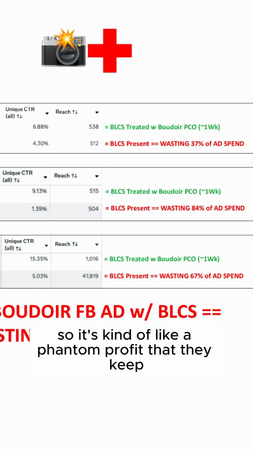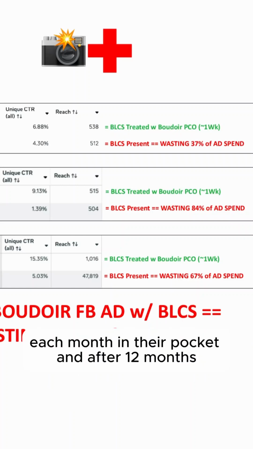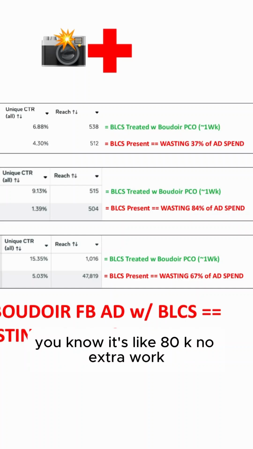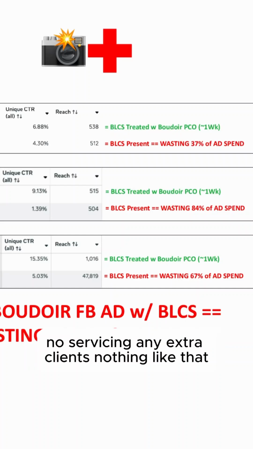So it's kind of like a phantom profit that they keep each month in their pocket. And after 12 months, it's like 80K. No extra work, no servicing any extra clients, nothing like that.